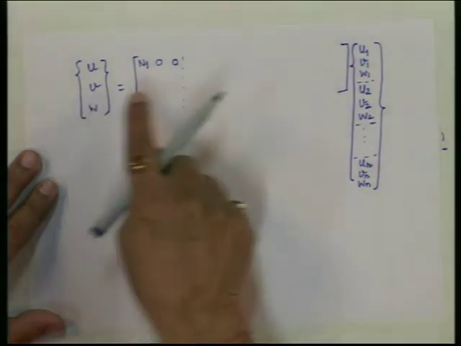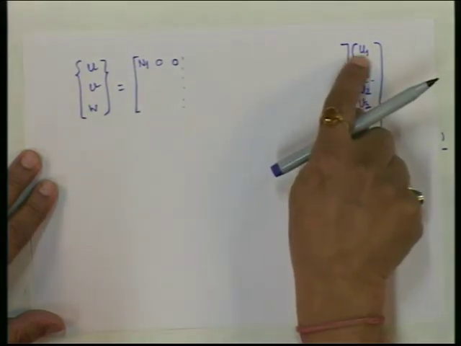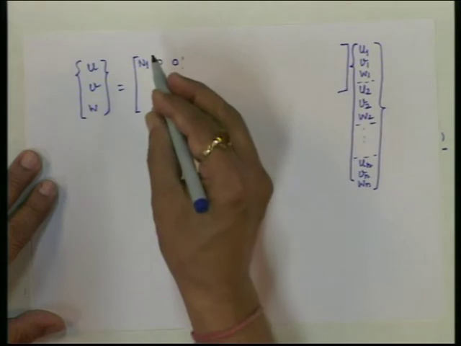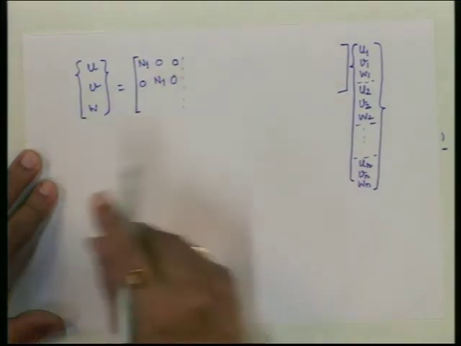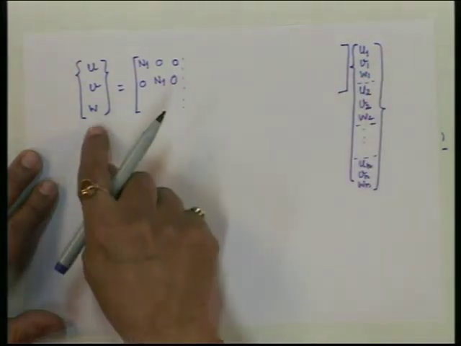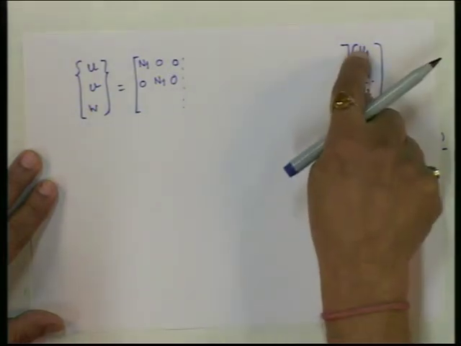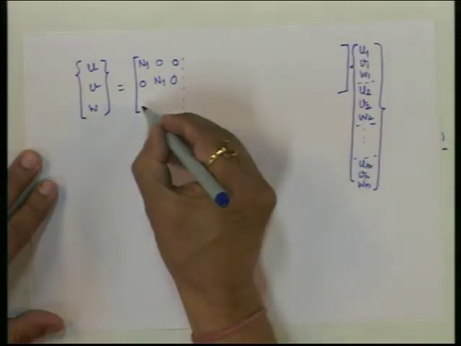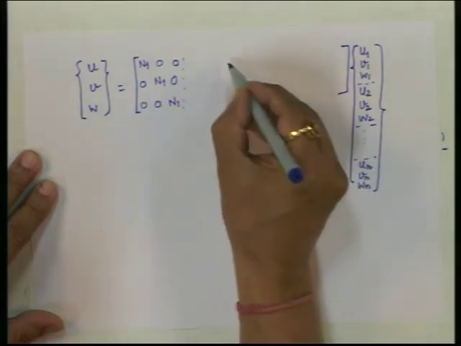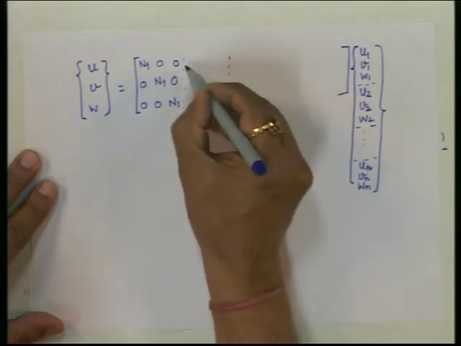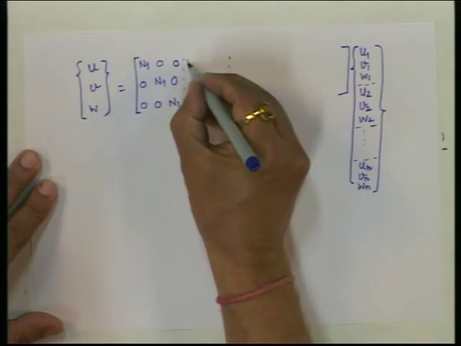Now, v equal to 0 into u1, because I do not want anything from that. So, here 0, then here N1, then here 0. W is the third row, this into this. So, the next block will be N2.